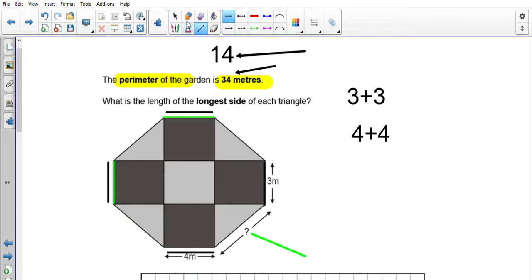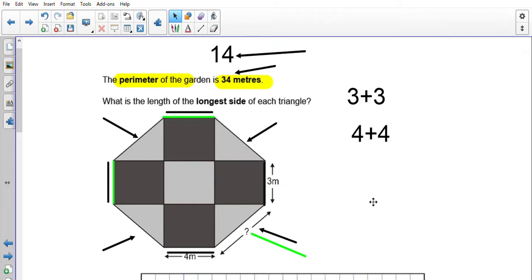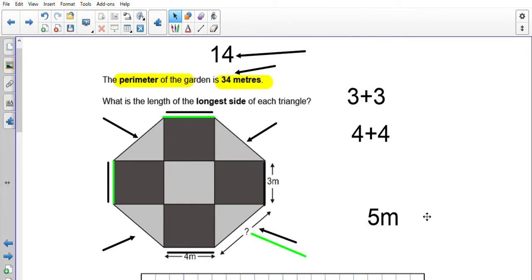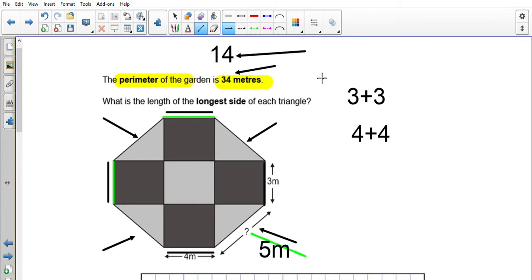Now, of that, my lengths of my triangles are going to be the same. 1, 2, 3, 4. I've got 20 meters left, so I'm going to do 20 meters divided by 4. It's going to give me 5 meters for the length of each of those. And if I add those up, 5, 5, 5, 5 is 20, plus my 14 for my other side is going to get me to 34 back to my total.